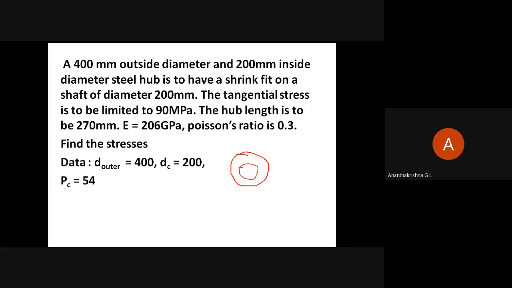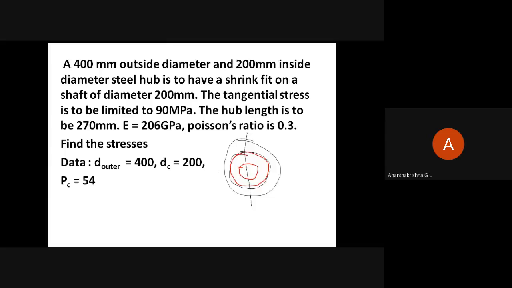Then this is the outermost cylinder, and the inner diameter of the outer cylinder will be something like this. Could you get it now how it will be? Onto the outer diameter of inner cylinder, the inside diameter of outside cylinder will be shrink fit.